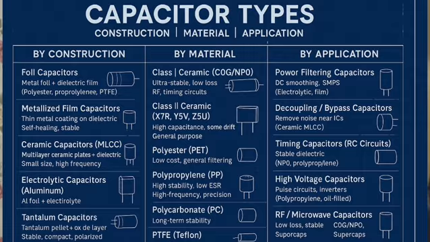By application, if you ask me, power filtering circuitry, where DC power smoothing and SMPS are involved, widely uses electrolytic and film capacitors.